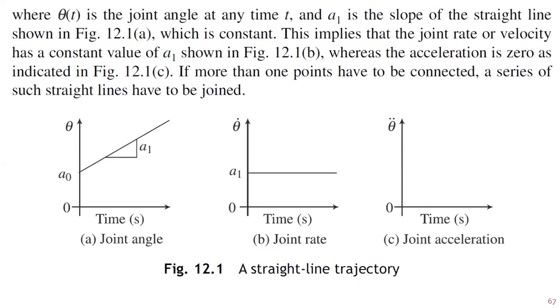Therefore, if you see here a straight line trajectory, this is the joint angle at any time t. The slope of this line is a1, which is constant. This implies that the joint rate or velocity has a constant value a1.